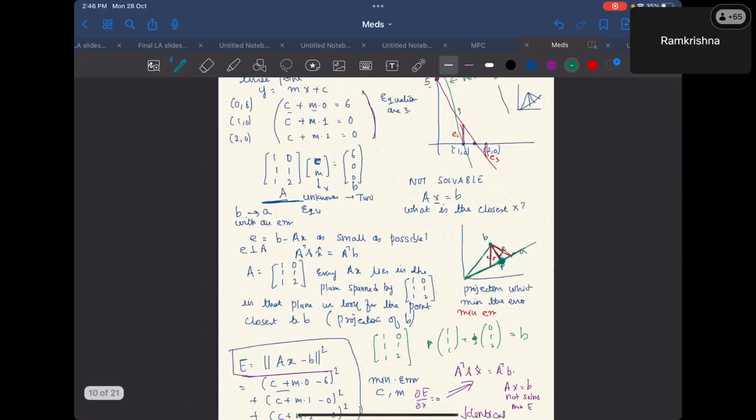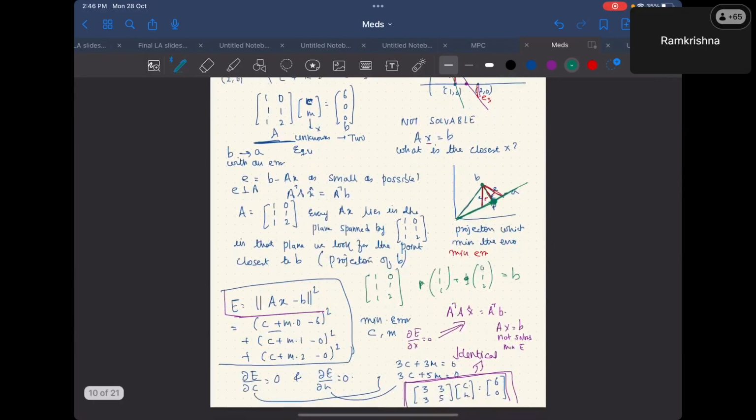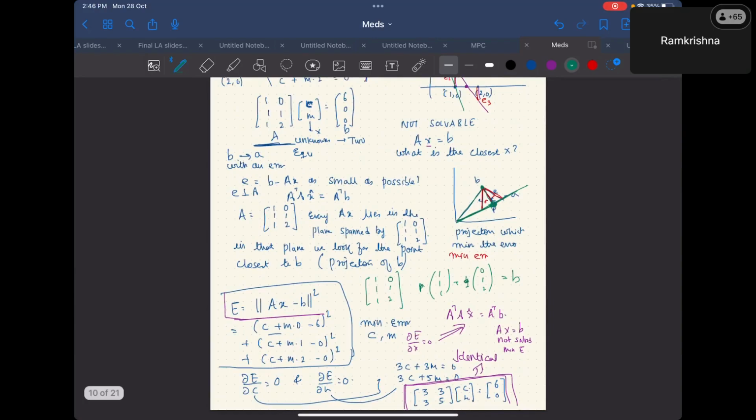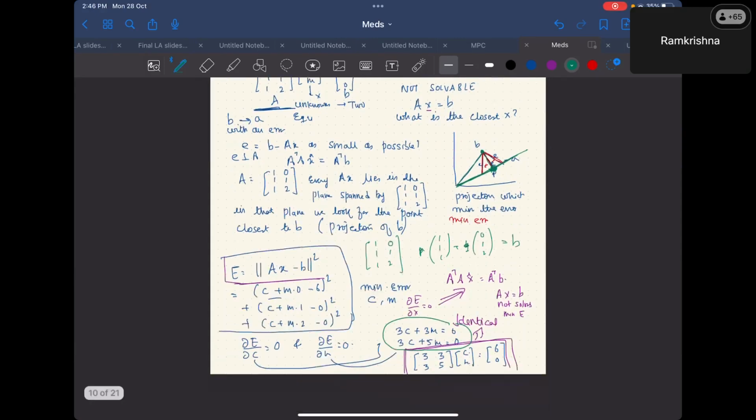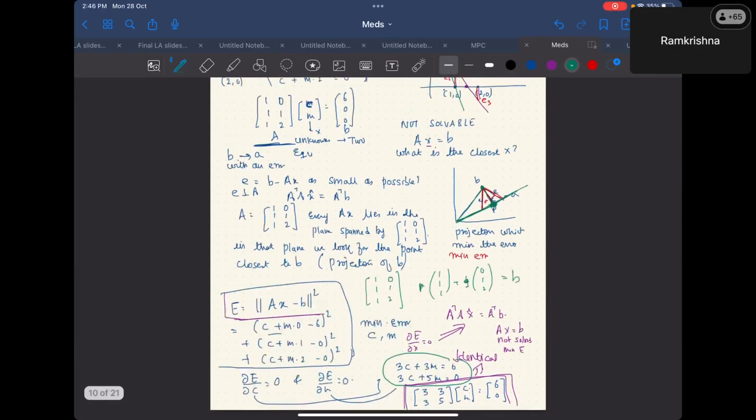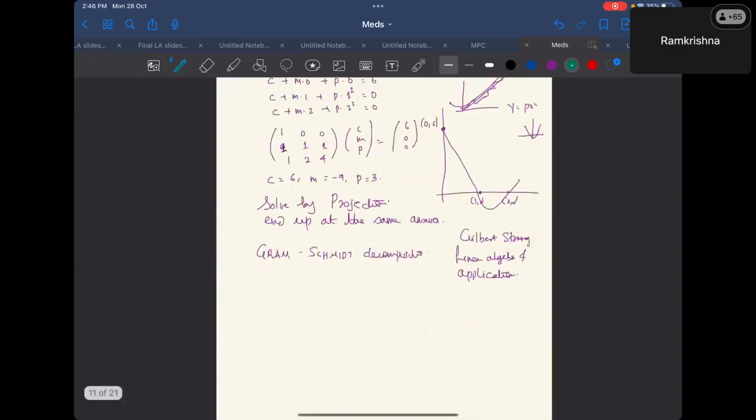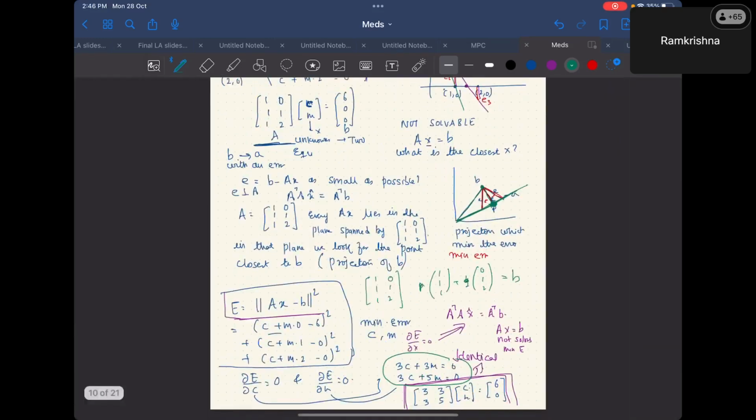Okay, so I was solving these 2 equations, right? So 3c plus 3m equal to 0, and this is b equal to 0. I didn't solve it explicitly, but the solutions here would be just gotten by the solutions of here.